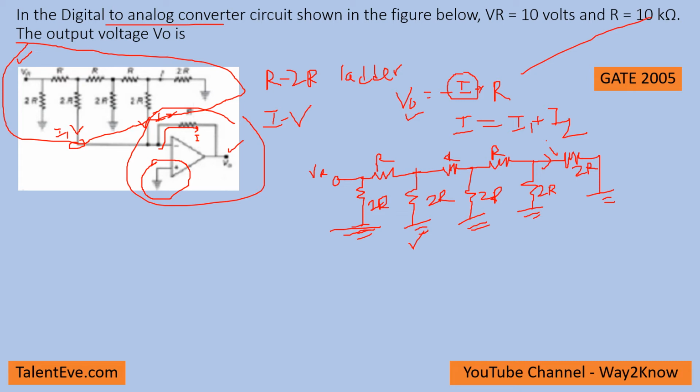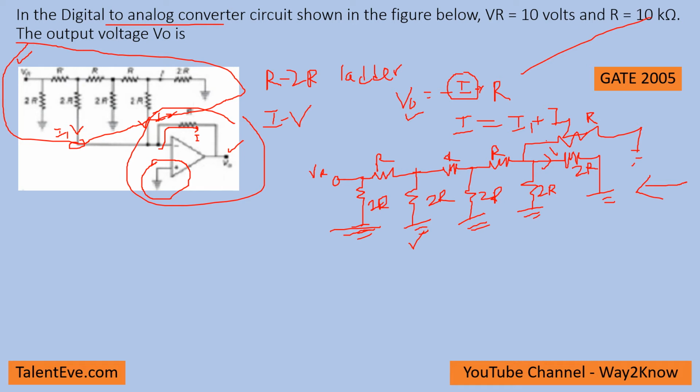Now this is a simple voltage and resistance based circuit where you need to calculate the equivalent resistance and then calculate the current flowing into that circuit. To calculate the equivalent resistance, let us start from the end. 2R and 2R are in parallel, which will be R. So R plus R will be 2R to ground.